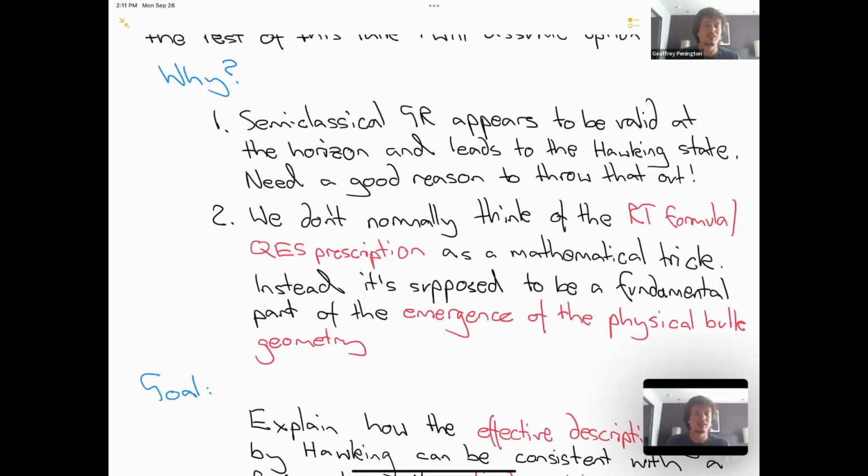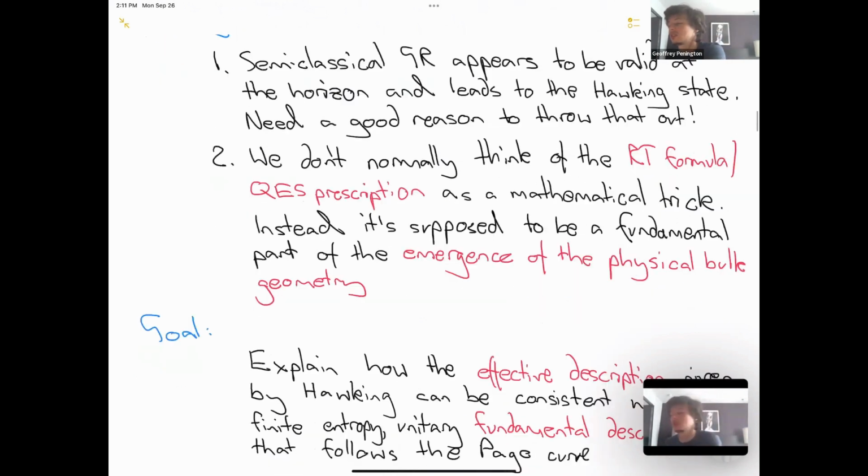And the bulk is supposed to emerge out of the entanglement structure of the boundary state and so on. And so the RT formula and the QES prescription are meant to be telling us about the real physical bulk geometry. And in the case of a black hole, they want to describe the bulk geometry where there's an interior and there's the Hawking state and so on. And so it seems like it's something we should be taking seriously.